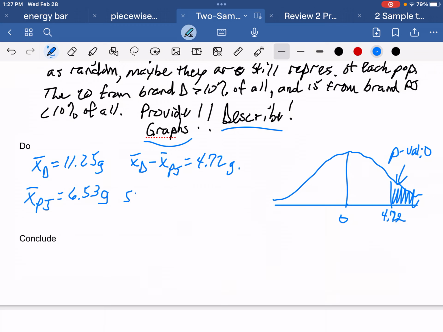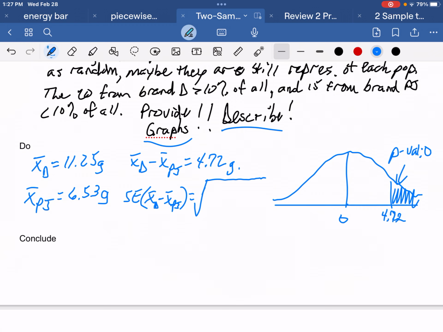is equal to the square root of the variance of brand D. Well, the calculator is showing me that the standard deviation for brand D is 3.19.